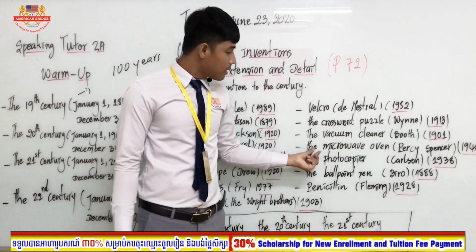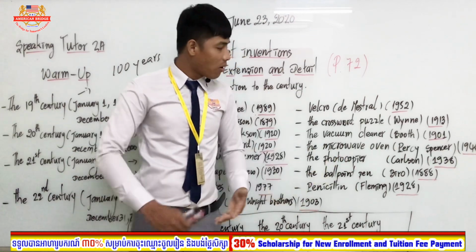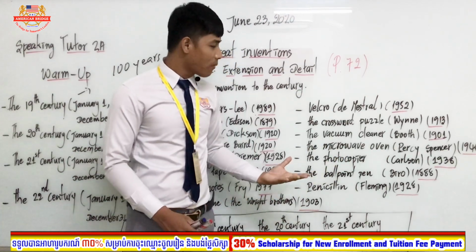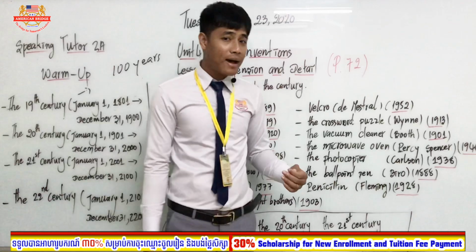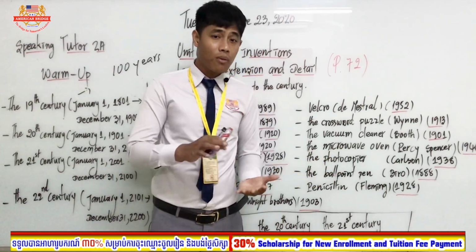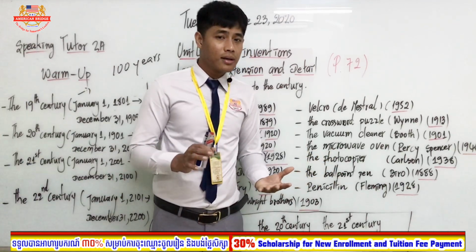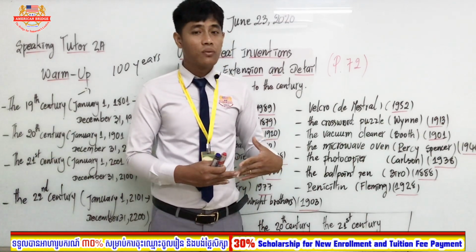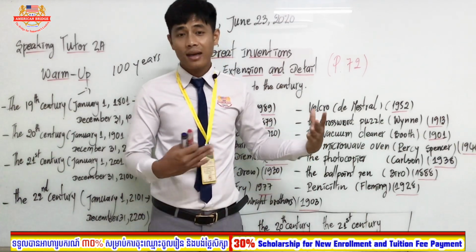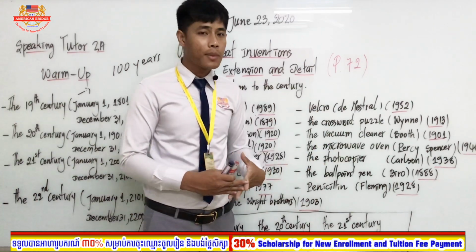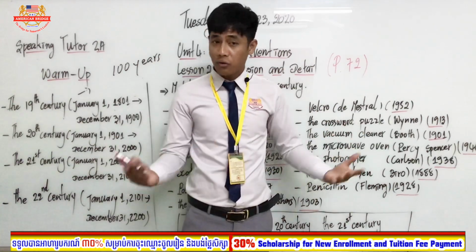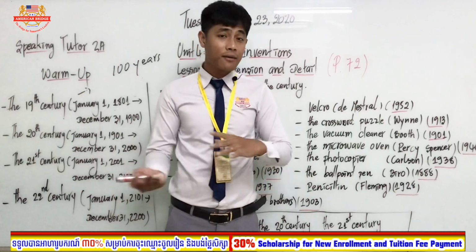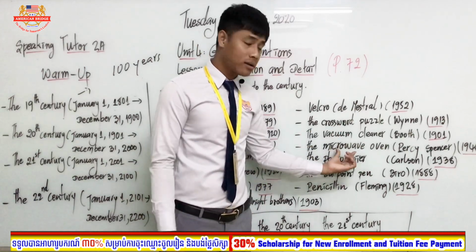Next, the microwave oven. You know microwave already, right? We use it to warm something. Or we use it to cook, like bread, or to warm up a snack, like this, okay? Or warm up some food that is already cold, so we can warm it up in the microwave.